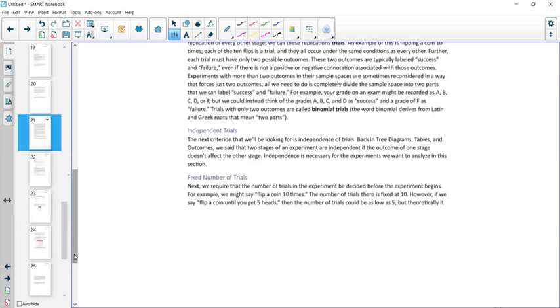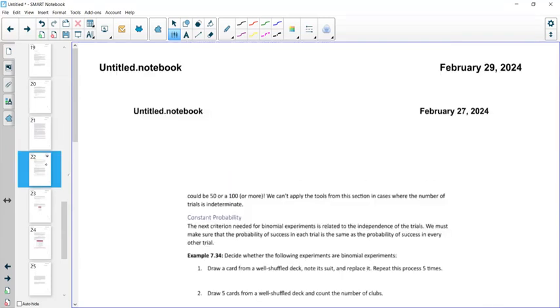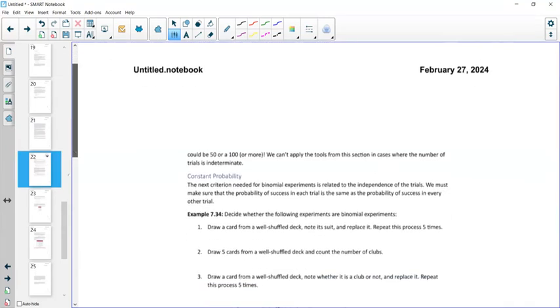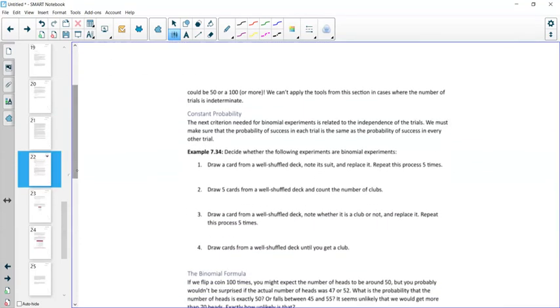For example, we might say flip a coin 10 times. The number of trials there is fixed at 10. However, if we say flip a coin until you get 5 heads, then the number of trials could be as low as 5, but theoretically could be 50 or 100 or more. We can't apply the tools from this section in cases where the number of trials is indeterminate.